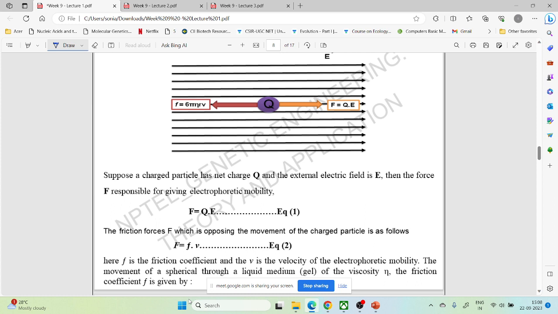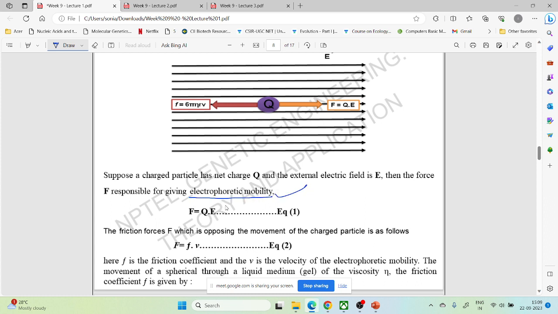Just like frictional force exists everywhere in nature, when a molecule is moving in an electric field, it might be charged also, like in SDS-PAGE where it is charged. Anyway, when a molecule is moving in an external electric field, there is a force responsible for giving its electrophoretic mobility.